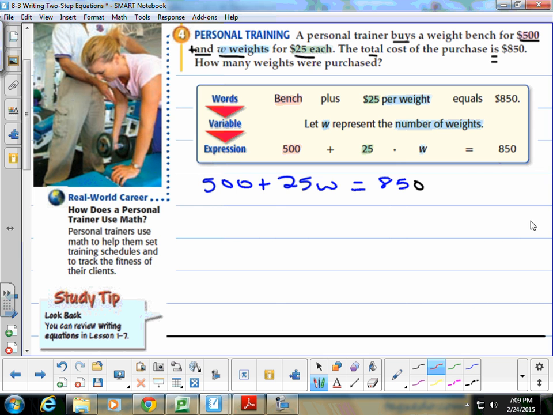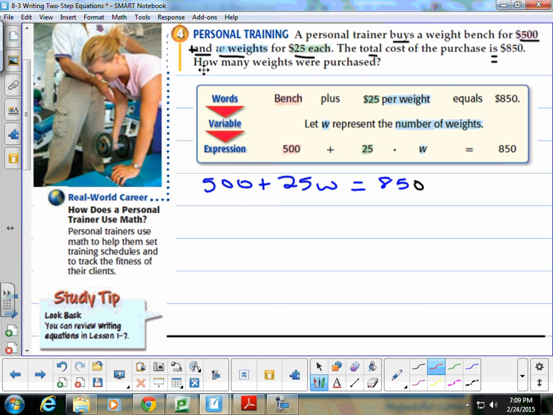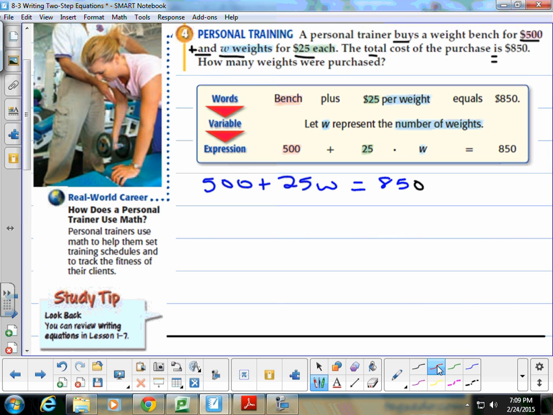The question is how many weights at $25 a piece were purchased. So we do our equality subtraction, and we subtract 500 from both sides. And we end up with 25W is equal to $350.